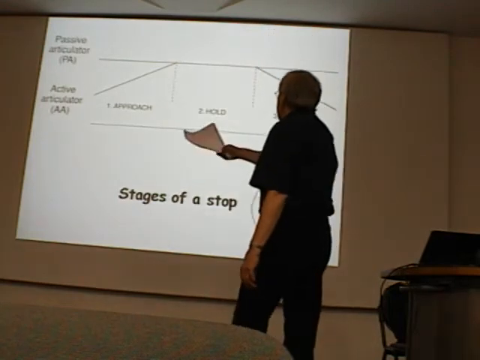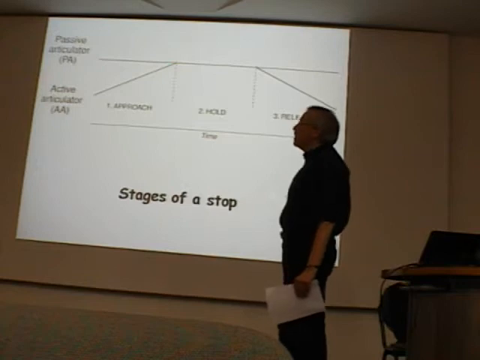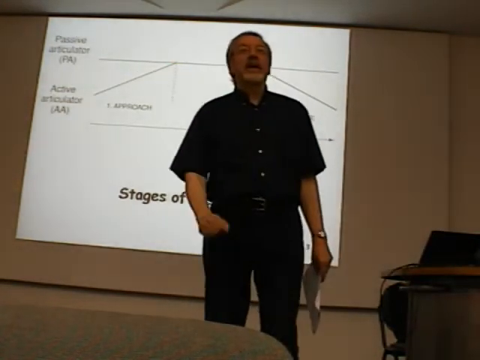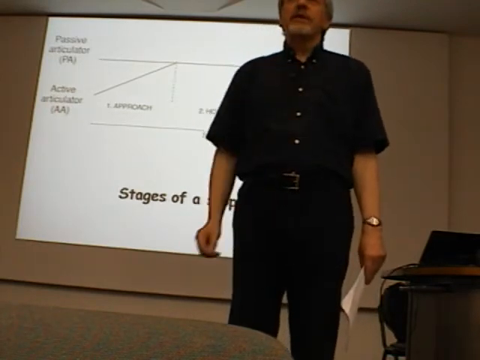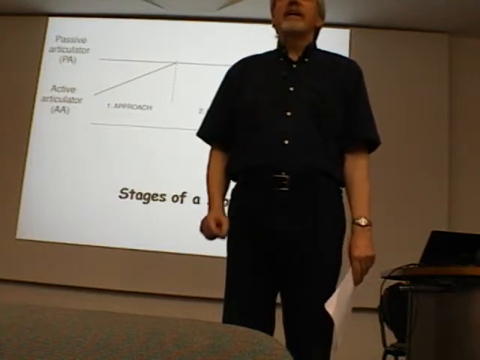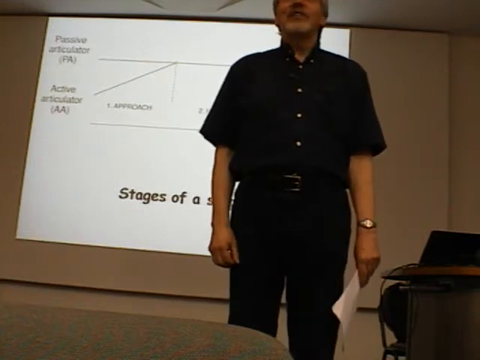So time is shown here. This is what happens as things go on. Let's have a look at what that means. We have the passive articulator and the active articulator. Not so easy to do with the lips, because both of them can be active, but the convention is that you say that the upper lip is the passive articulator.